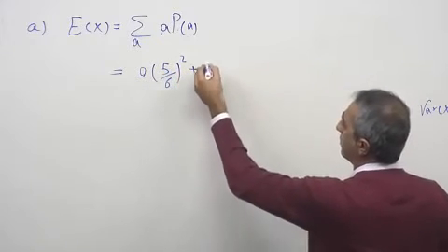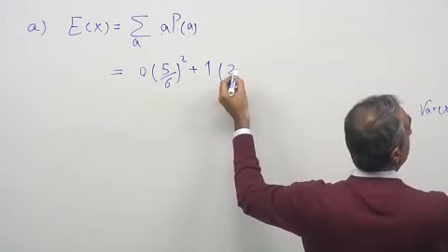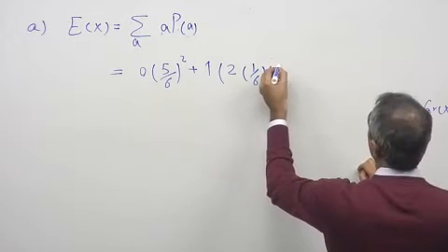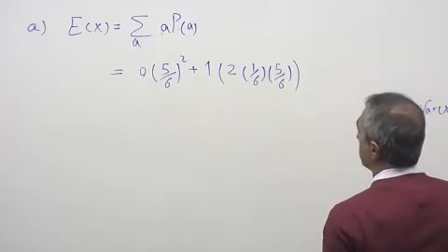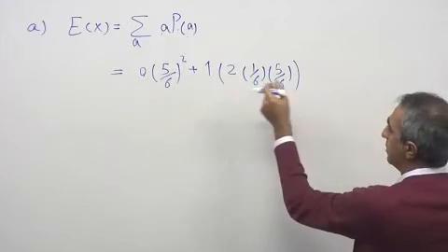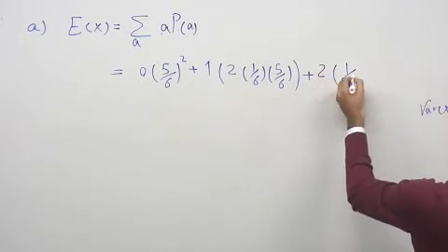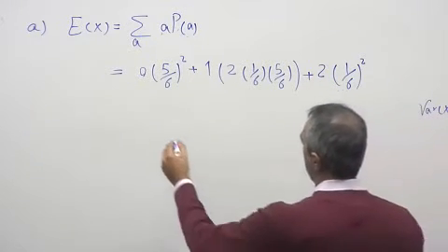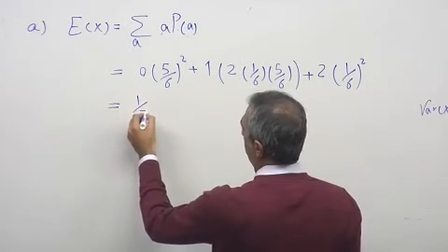What is the next one? 1 multiplied by 2 multiplied by 5 over 6. So this is the number A, and this is the probability associated with the number. And the last one, number is 2, and corresponding probability is 1 over 6 squared. If you do the math, that would be 1 over 3.